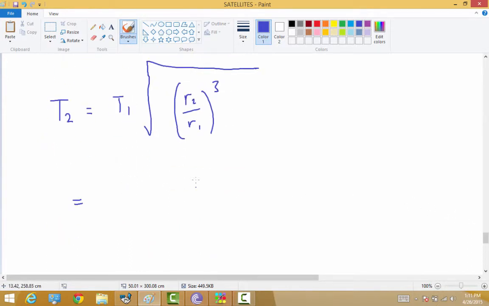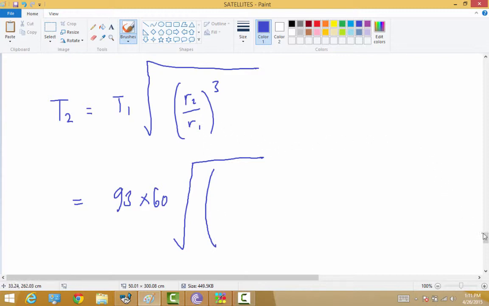You don't have to simplify too far. That'll do. And we have the values. T1 is the period of the shuttle, which was 93 minutes. It has to be in seconds, so convert it to seconds, multiplied by 60.